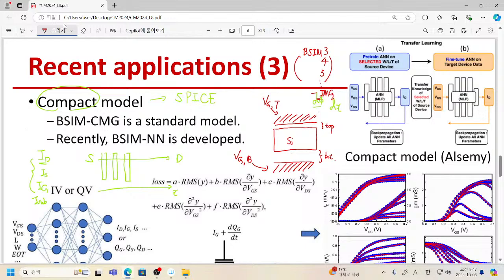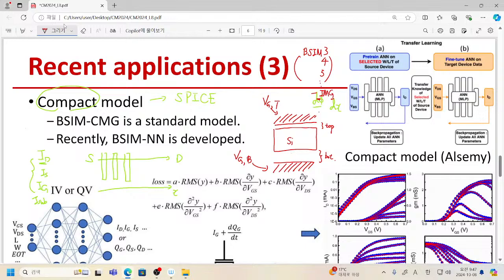Basically, this kind of BSIM model, from our perspective, is extremely fast. However, the problem is we are not the user of the BSIM-CMG model. Actually, designers are using this BSIM-CMG model, and they don't consider a single device.